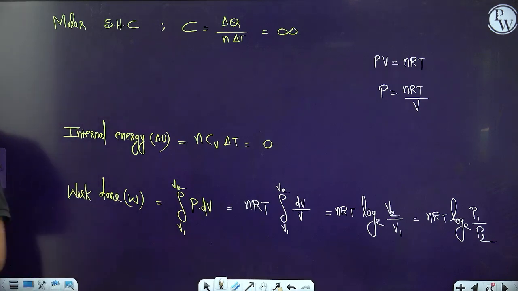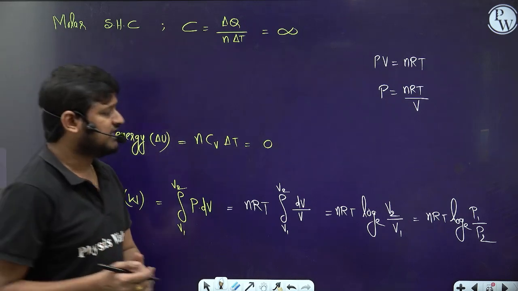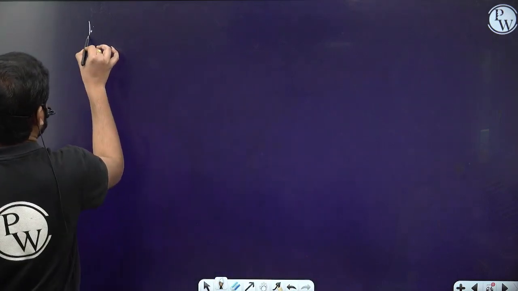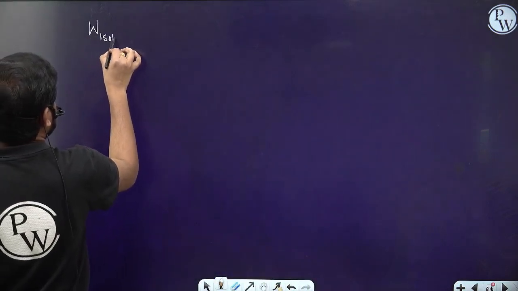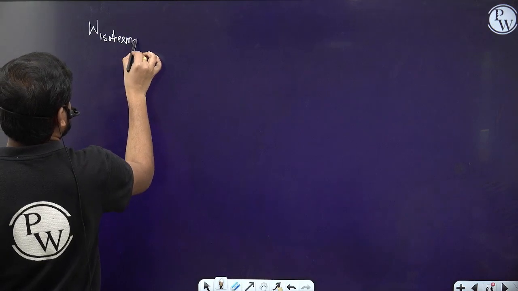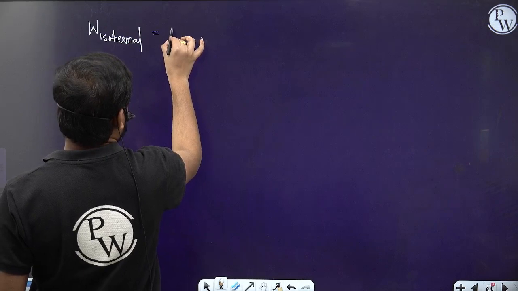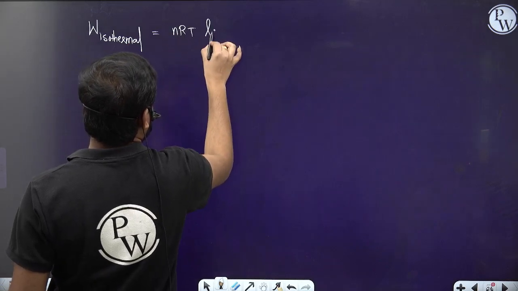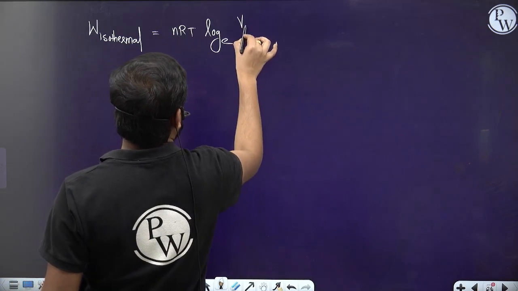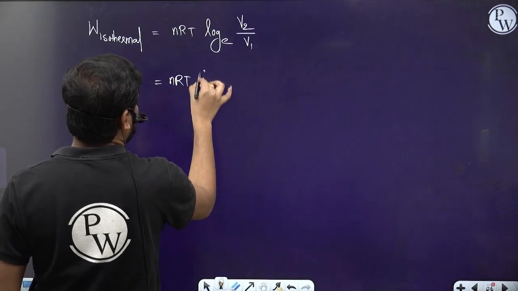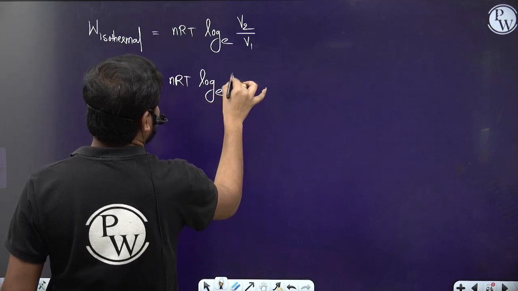Note this down, everyone. This you can also write. So the work done in isothermal is nRT log e V2 by V1, or nRT log e P1 by P2.